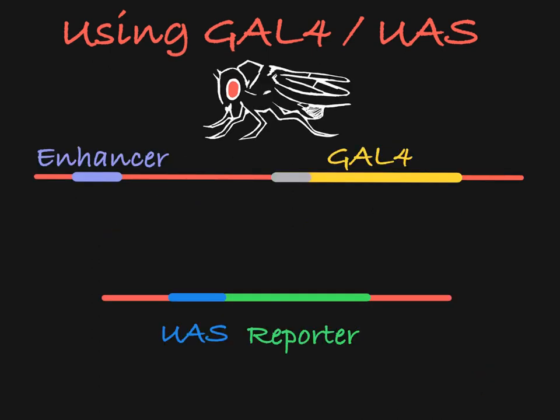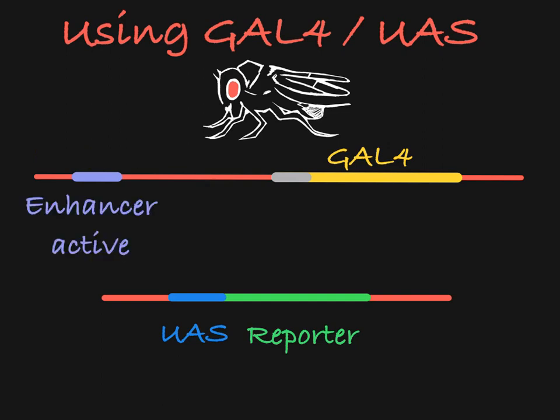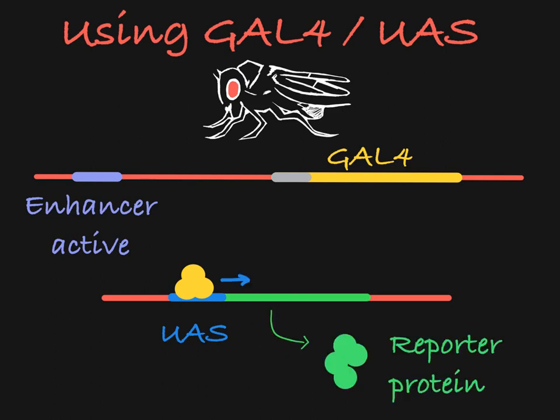In these flies, the GAL4 will only be expressed in a tissue of choice where the native enhancer is active, not anywhere else in the organism. In the cells in which GAL4 is expressed, the GAL4 protein will bind to the UAS, triggering the expression of the reporter gene. This gene can be a variety of different things, depending on the goal of the experiment.